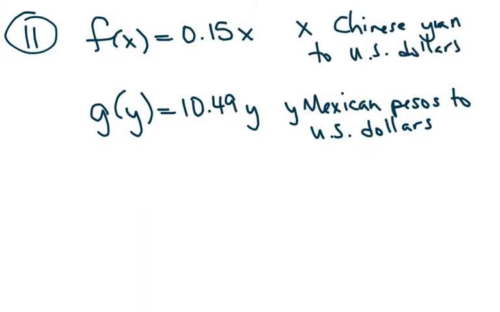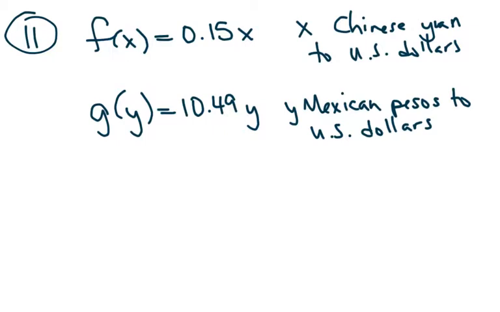And then the function g of y is equal to 10.49y represents the number of Mexican pesos equivalent to y US dollars. Write a composite function that represents the number of Mexican pesos equivalent to x Chinese yuan.